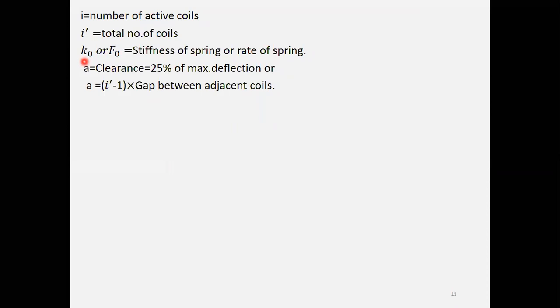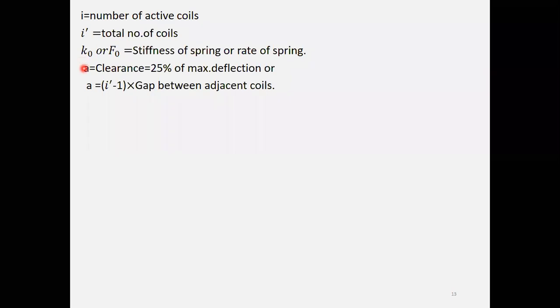This K is nothing but stiffness. K naught or F naught is the stiffness of the spring, whatever spring you have taken, and it is a constant. Stiffness will not change. It is also called the rate of the spring.